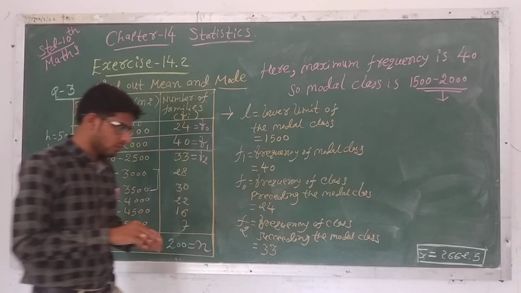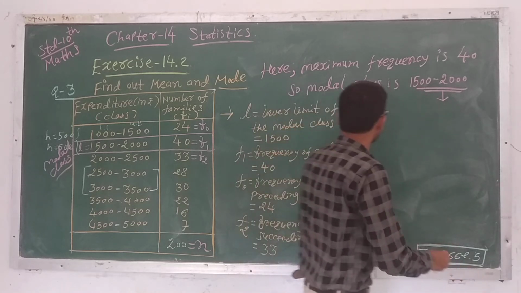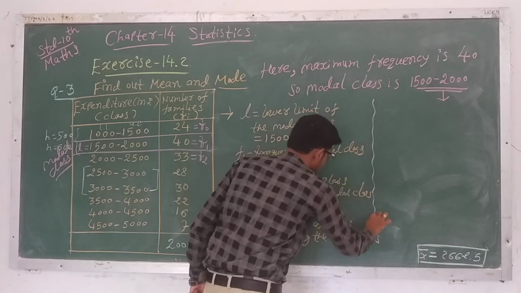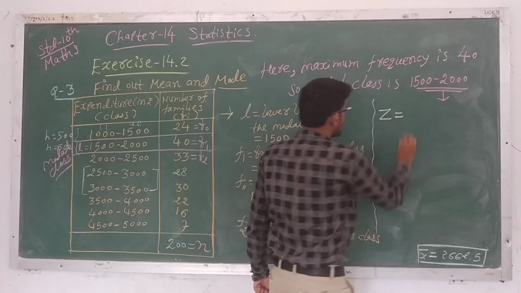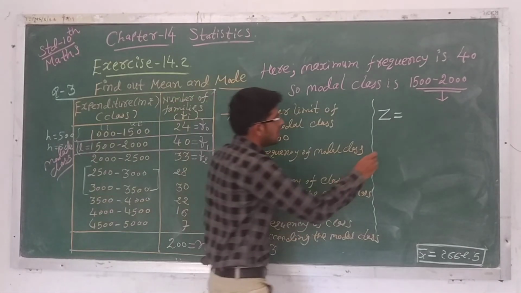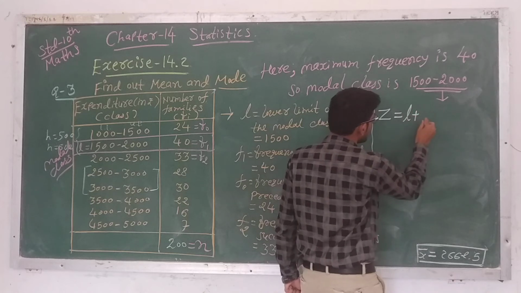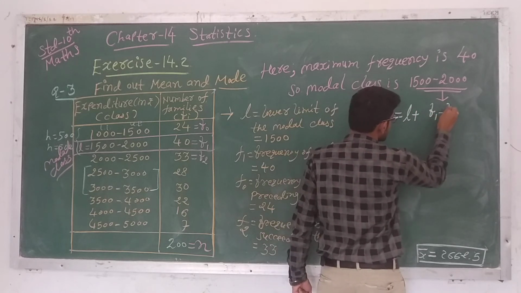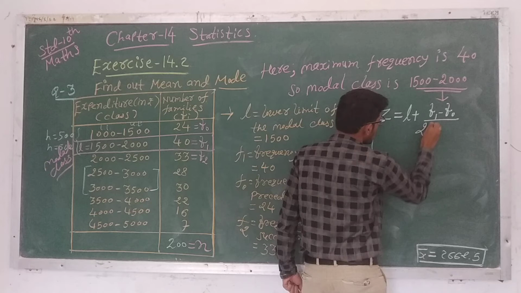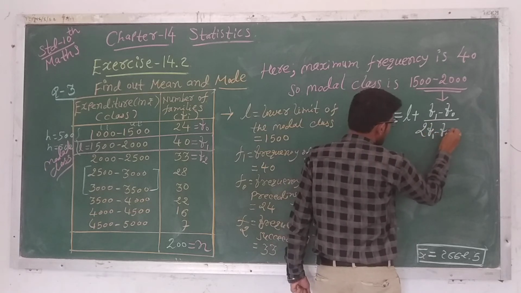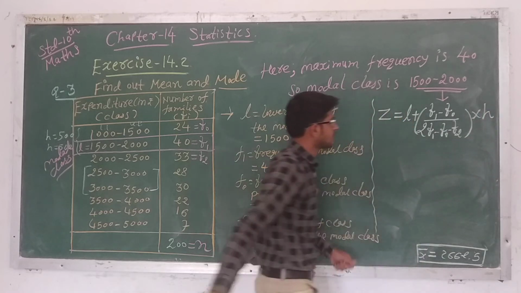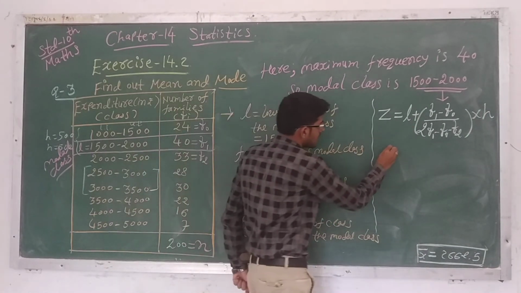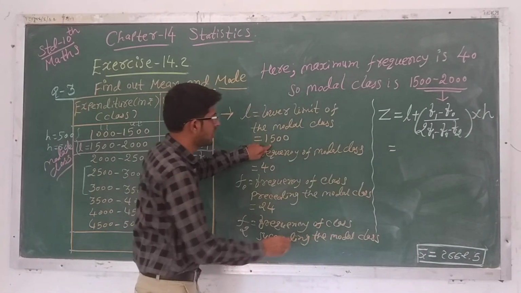Now we have to use the formula of mode, which is denoted by Z. So Z is equal to L plus F1 minus F0 divided by 2F1 minus F0 minus F2, multiplied by H. The value of L is 1500.